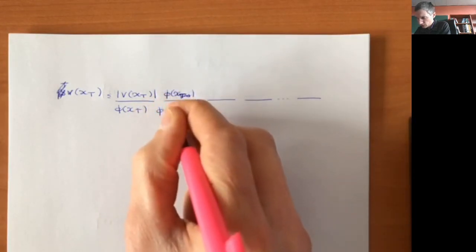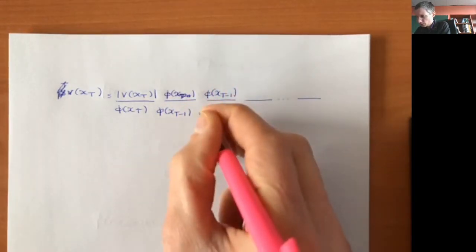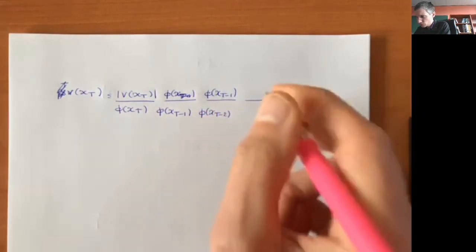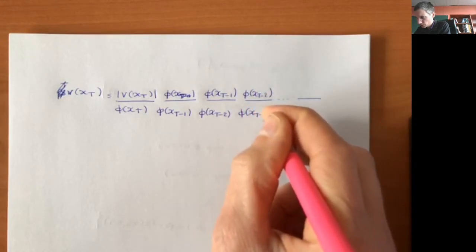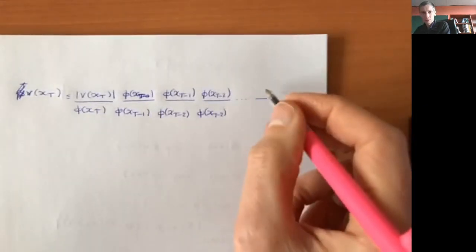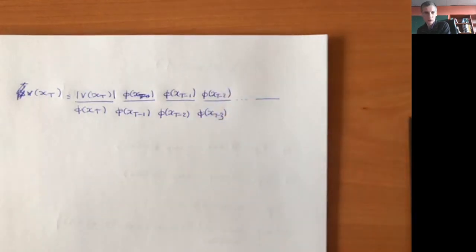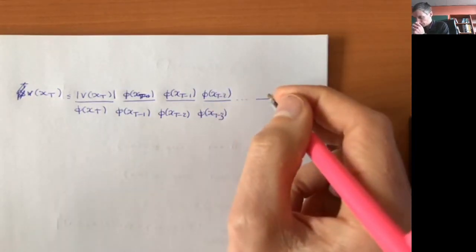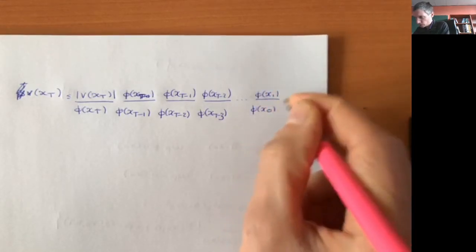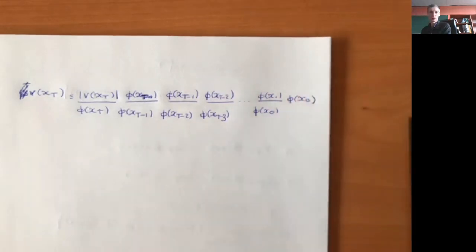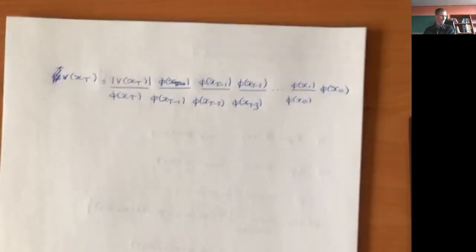Then divide by phi xt minus 1, multiply by phi xt minus 1, divide by phi xt minus 2, multiply by phi xt minus 2, and so on. At the end, I get phi x1 divided by phi x0, and then I multiply by phi x0. So these are always the same elements here.